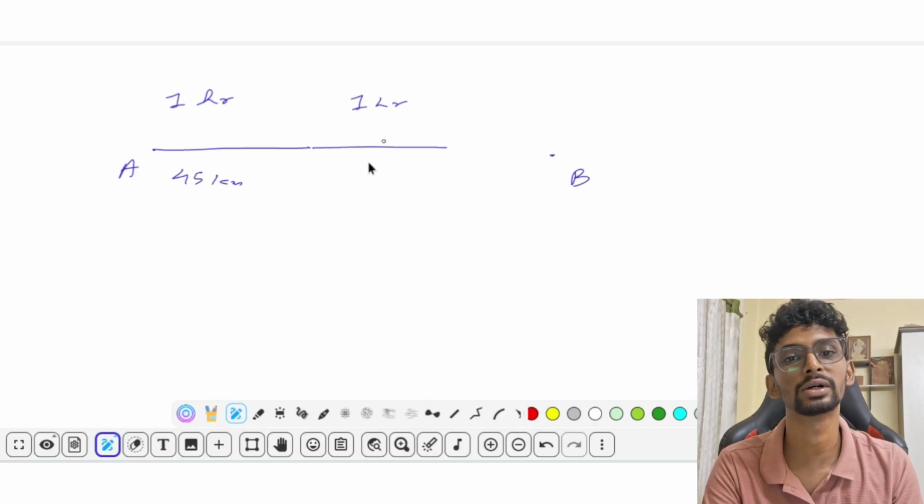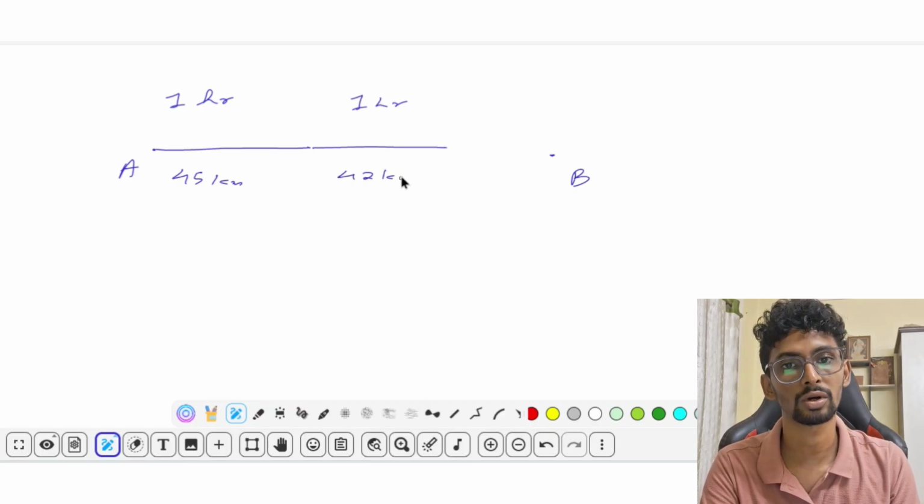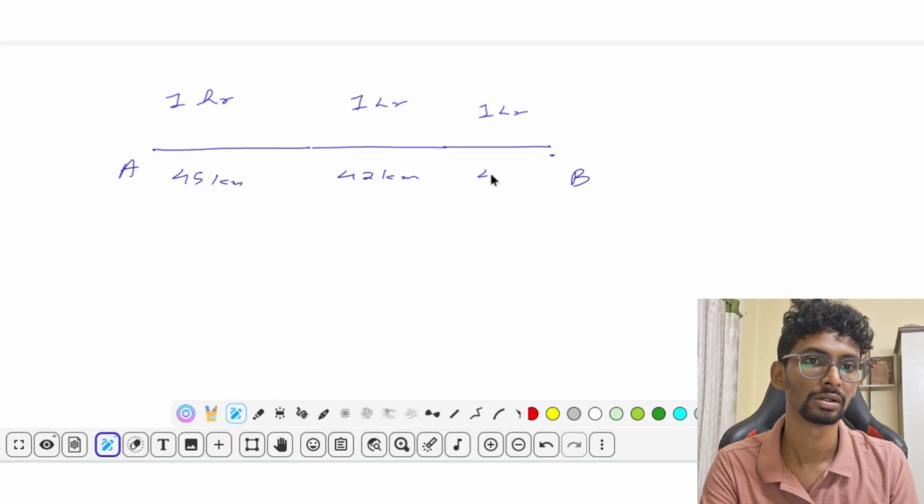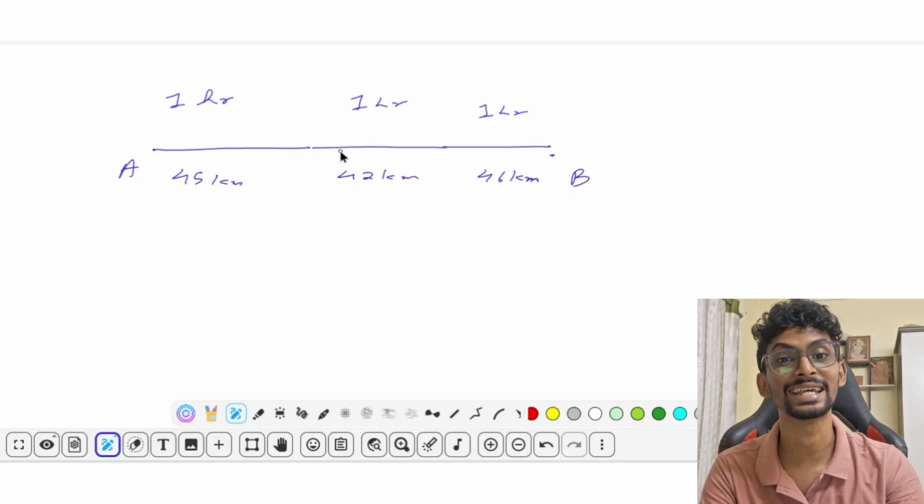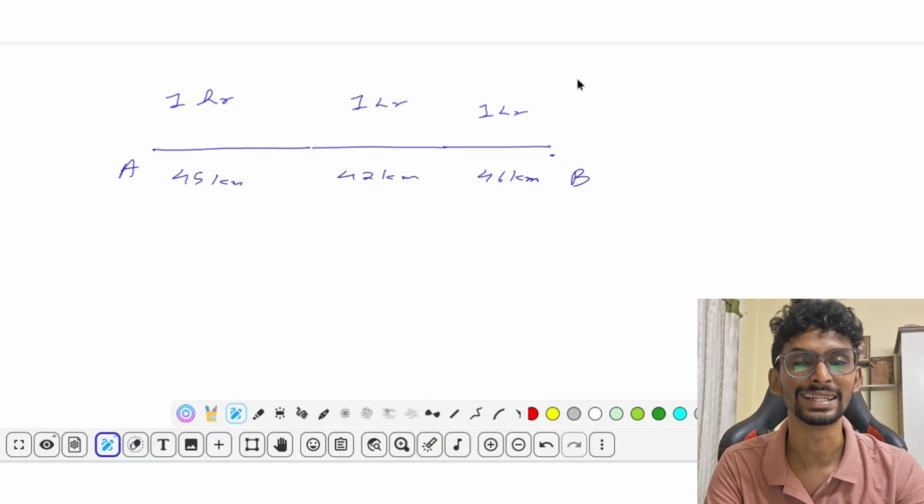In next 1 hour you cover 42 kilometer. And in next 1 hour you cover 46 kilometer. Now you can see distance is not the same in this case. So that means it's not constant.